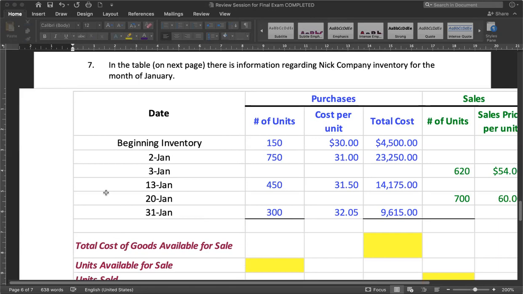So in this case here, the cost of this 620 units is going to be equal to, now the last purchase was 750, so all of the 620 are going to come from this 750. So it's going to be 620 units times $31 per unit.